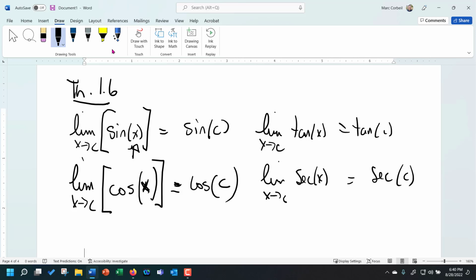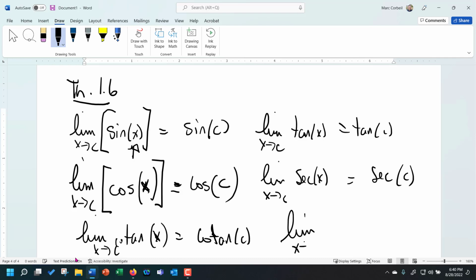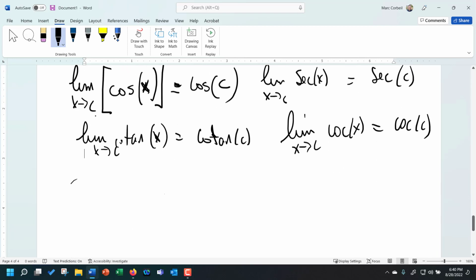And then the last two: cotangent, the limit as x goes to c of cotangent x equals cotangent of c, and the final one is cosecant. So the limit as x goes to c of cosecant x is cosecant c. So all 6 are there. We've got the limits of trigonometric functions. So we can do some pretty complicated examples as we go through and work on that.